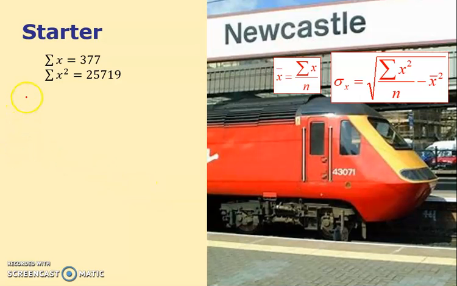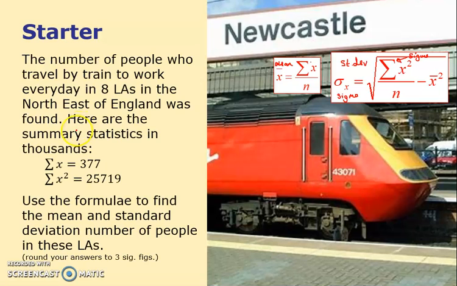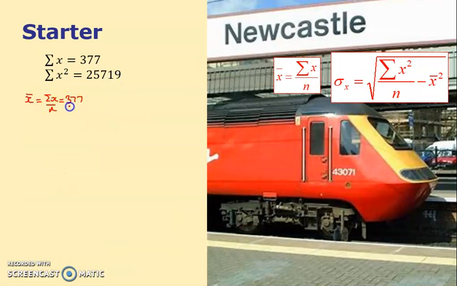We always start off by finding x bar, the mean. It's sigma x over n, which is 377. Now I need to go back to the question: 8 local authorities, so n is 8 in this question. It doesn't say that, it says it in words, so I'm going to write it there.